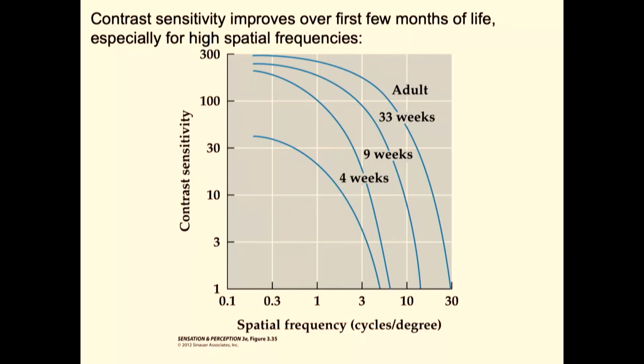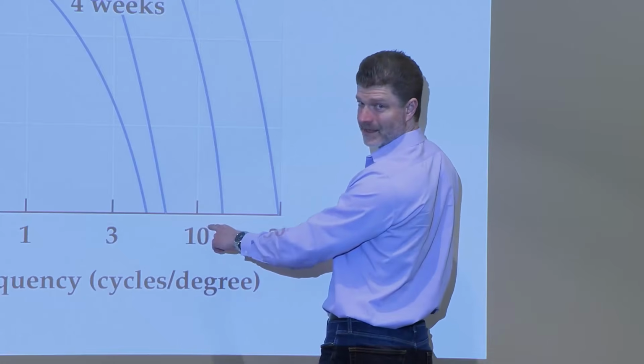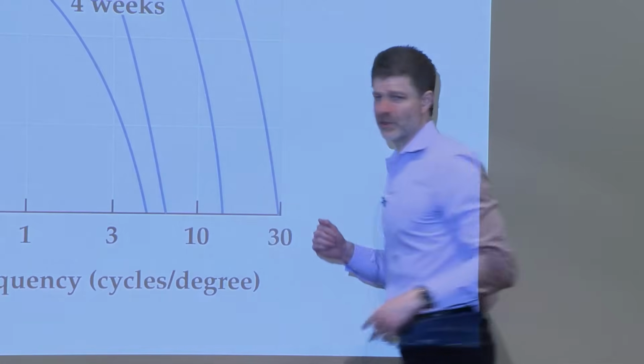Okay? And so you can see that in general sensitivity improves, but in particular at these high spatial frequencies, you can see that a month-old baby just can't really detect this kind of stuff at all. And as you mature, you become able to see these higher spatial frequencies. So in general, baby vision is fairly blurry. Right?